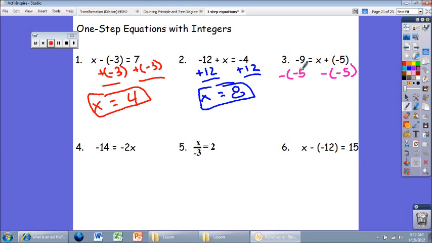We can use stay change opposite here because we don't like to subtract negatives. So -9, change minus to plus, and the opposite of -5 is 5. So now -9 plus 5, different signs, so we subtract. So 9 minus 5 is 4. We had more negatives because of the 9, so -4 equals x.